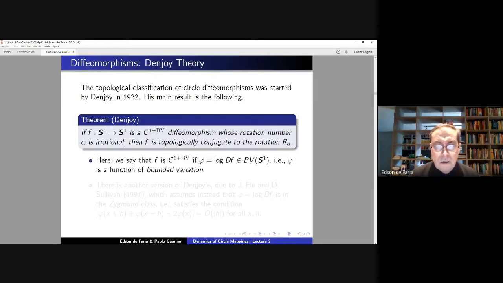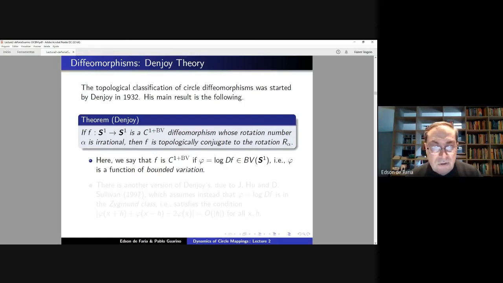So here, to say that f is C1 plus bounded variation means that the logarithm of its derivative, log of df, is a function of bounded variation on the circle, okay? There are other versions of Denjoy's theorem, and in fact, if you look at, for instance, Herman's thesis from the late 70s, you will find sharper versions.